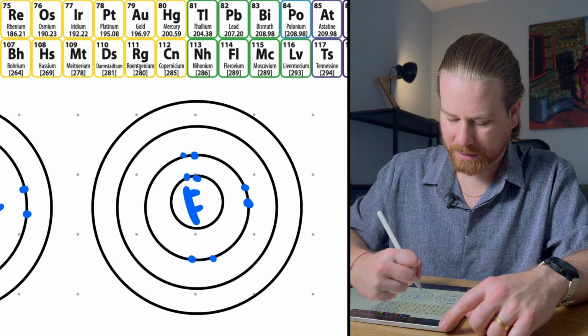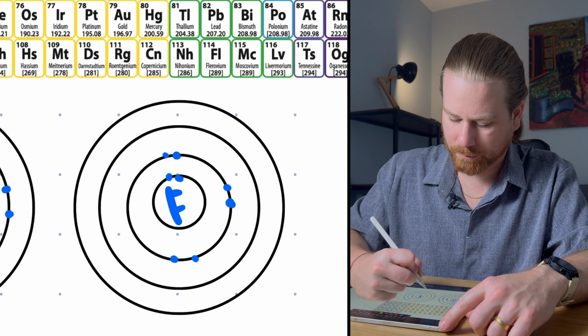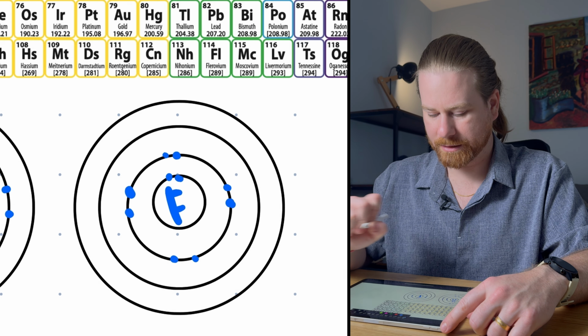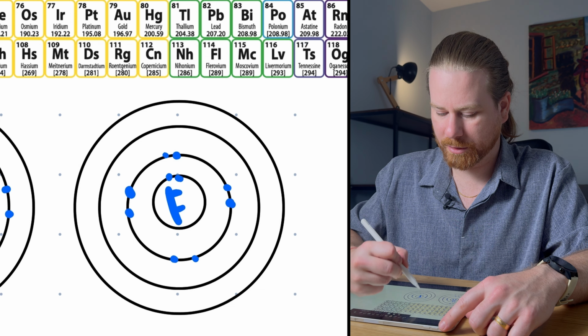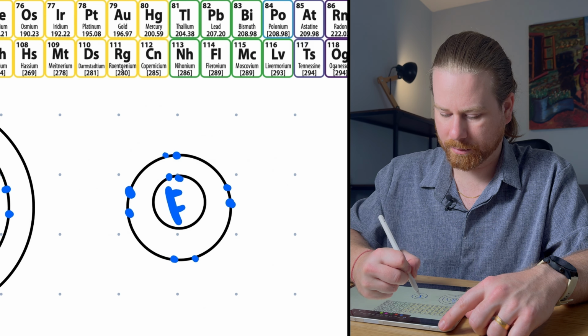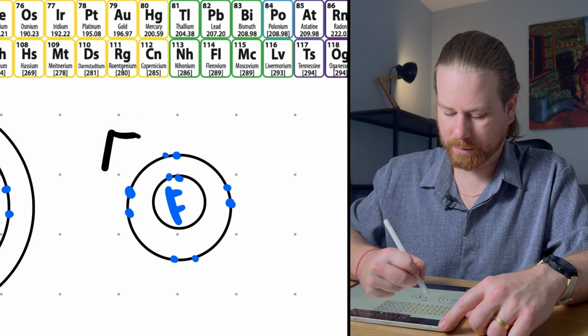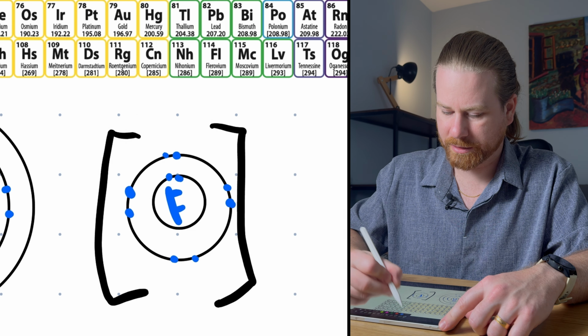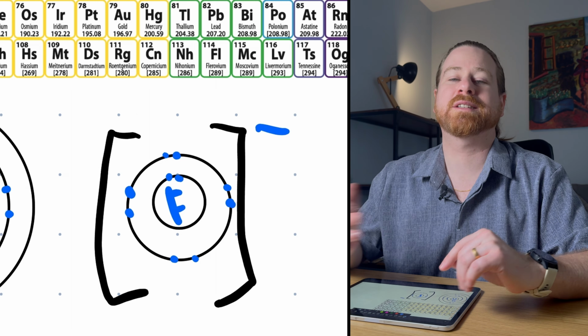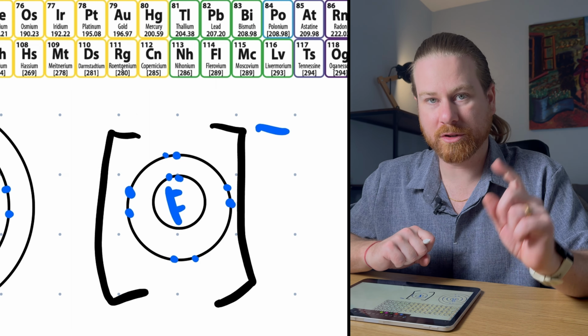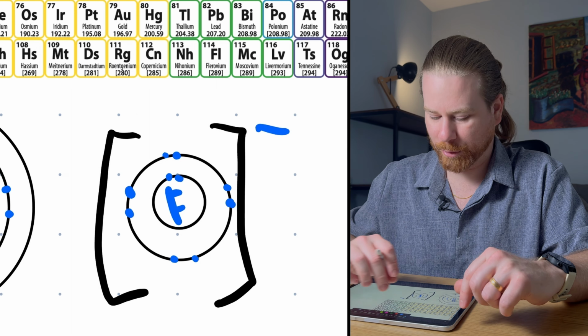So it's now gained 1 electron, and if we can remember, everything with a charge lives inside a bracket, and it's -1, because the number of electrons is now greater than the number of protons by 1.